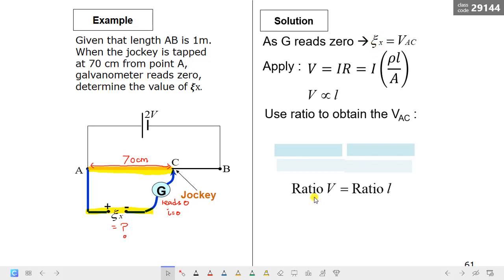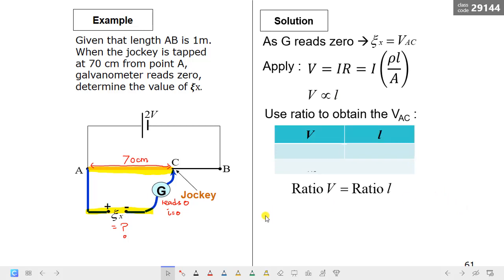So the ratio of V must equal the ratio of L lah. So in order for us to write the relation correctly, I try to put it in a table lah. So maksudnya kita ada column voltage dan juga length. Kita cuba relatekan voltage dengan length, di mana voltage dengan length adalah directly proportional.